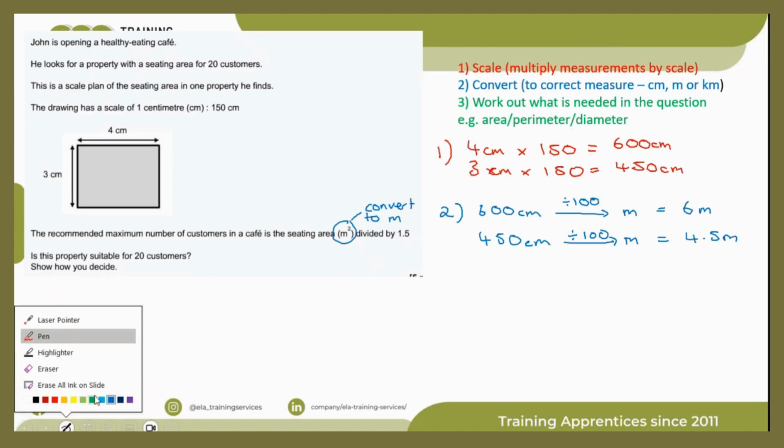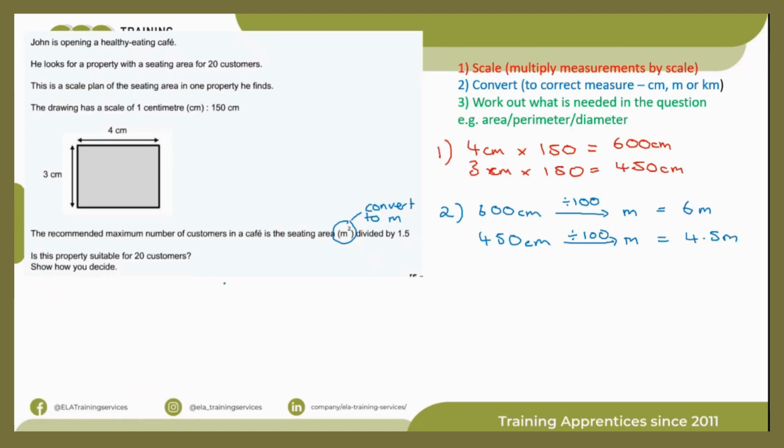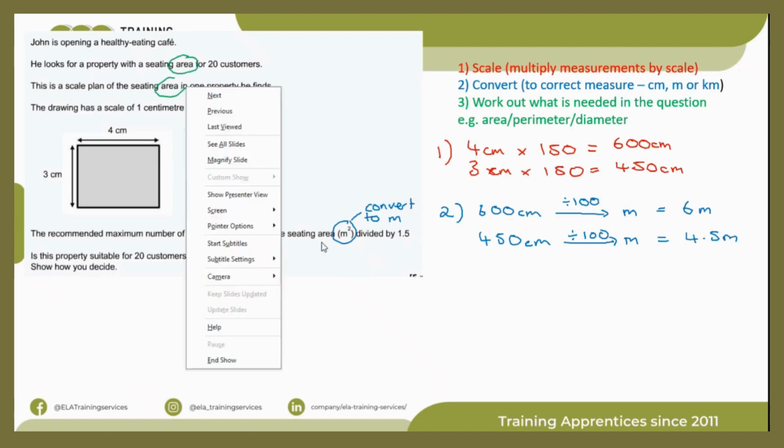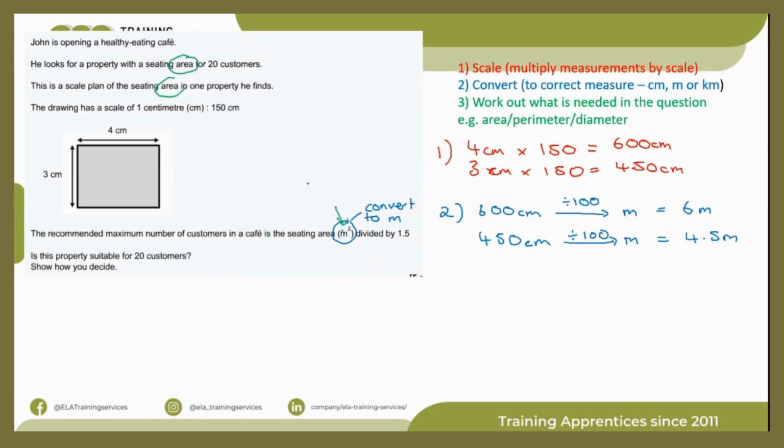Then, wondering what we do next, we have to read the question. So notice seating area, and metres squared tells us we need to work out the area. So as before, step 3, we're going to calculate the area by doing the length times the width.